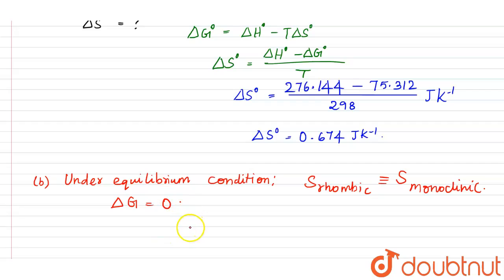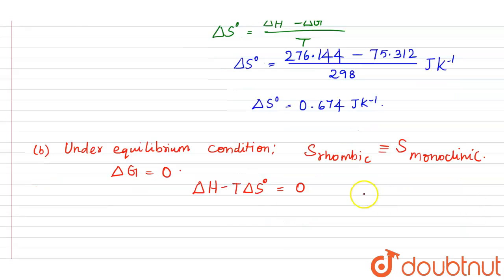The formula is delta G is equal to delta H minus T delta S. Here delta G is equal to 0, so delta H minus T delta S is equal to 0. Then we find the equilibrium temperature.